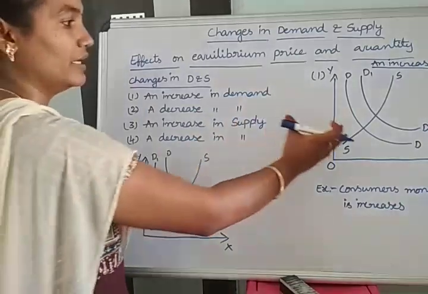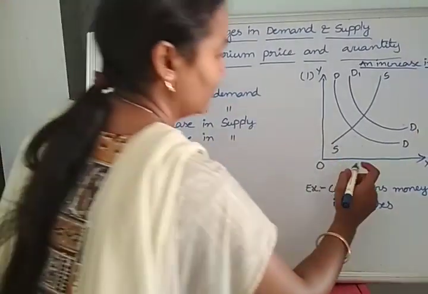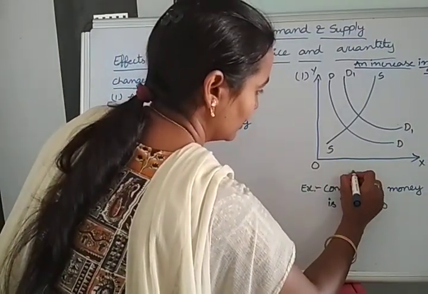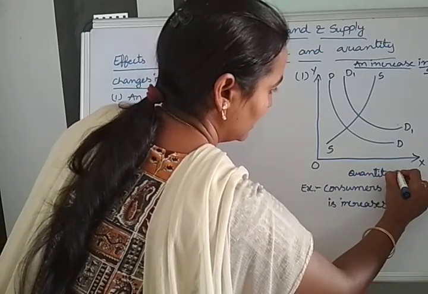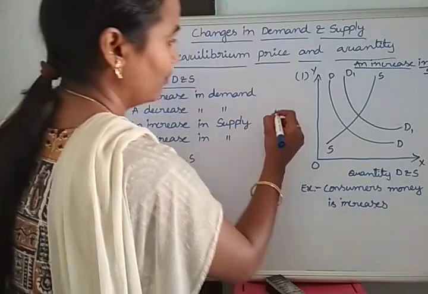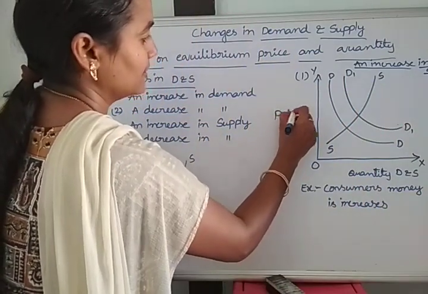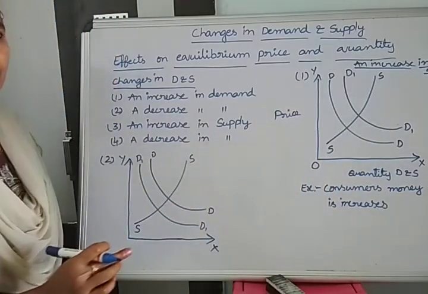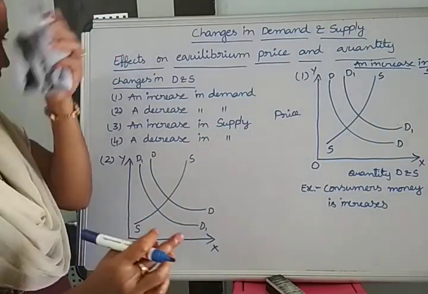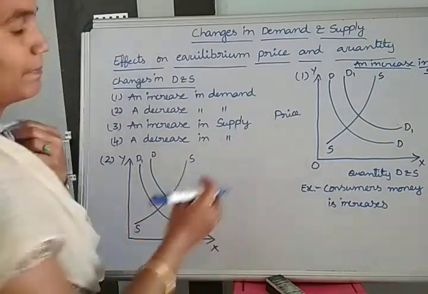Now we show a diagram. In this diagram, the OX axis represents quantity demanded and supplied, and the OY axis represents price. DD is the original demand curve and D1 is the changed demand. SS is the supply curve.